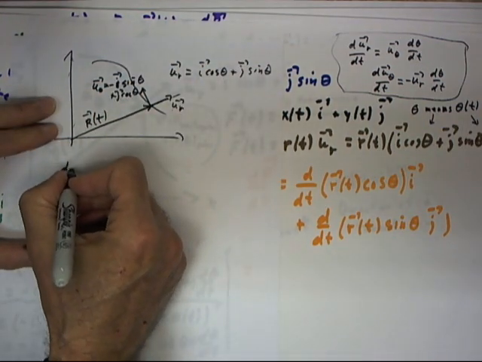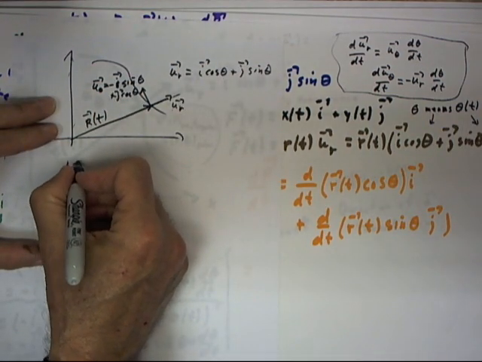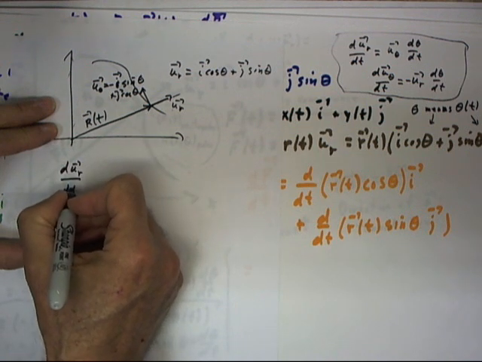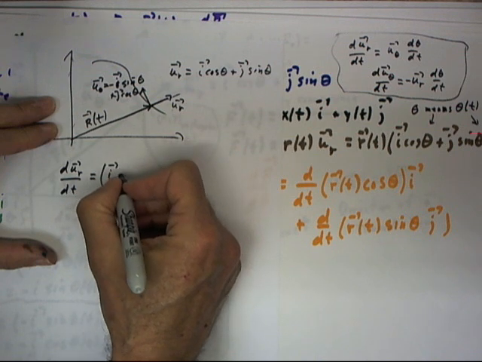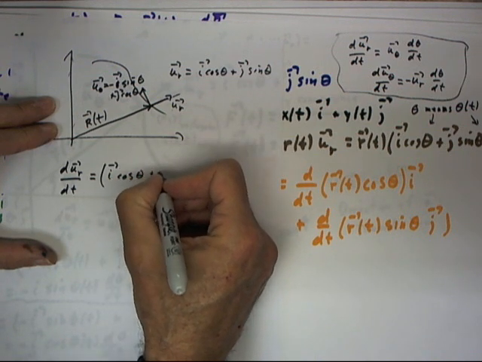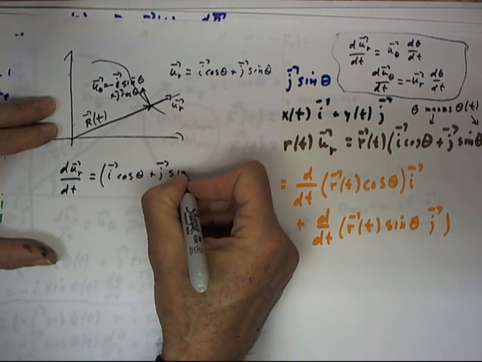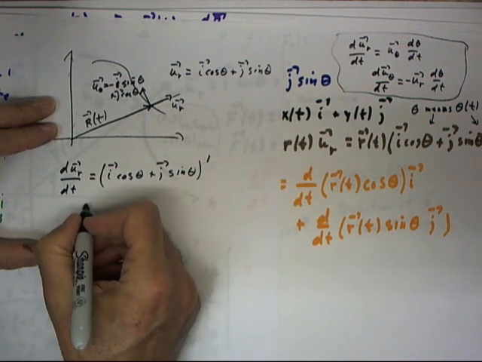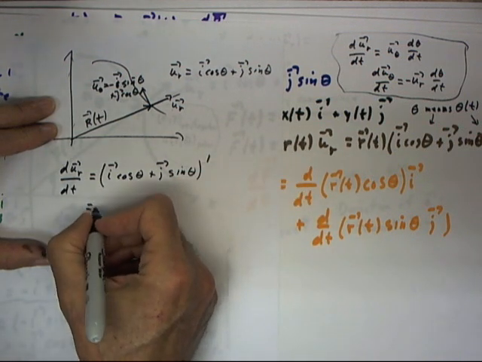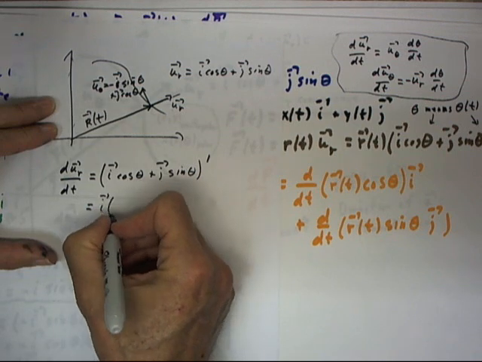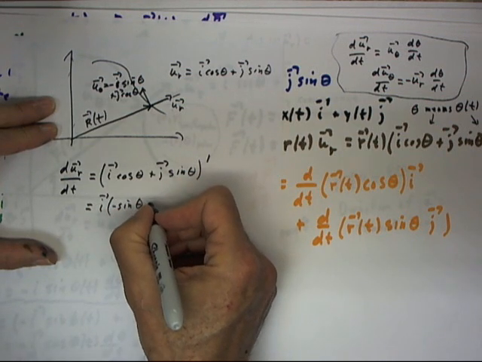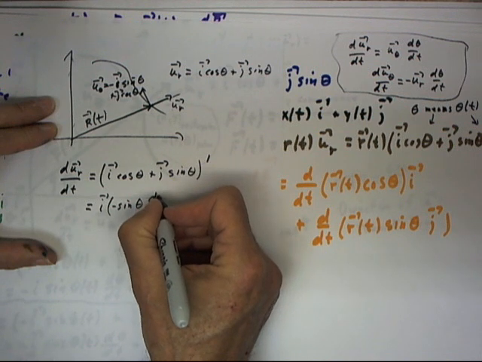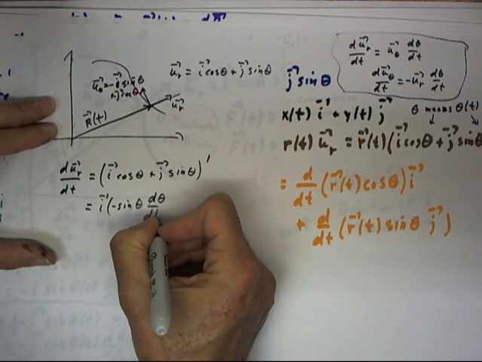If we take the derivative of u r with respect to t, then we're taking the derivative, I'm going to use the prime, of i cosine theta plus j sine theta prime, and this is i times negative sine theta times d theta dt.